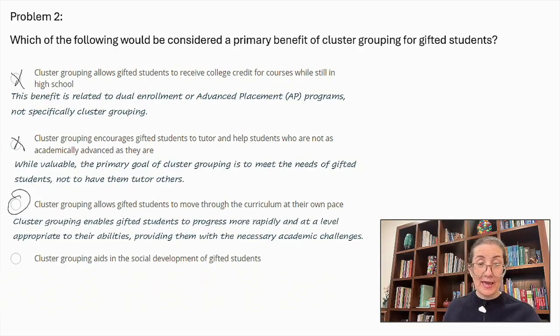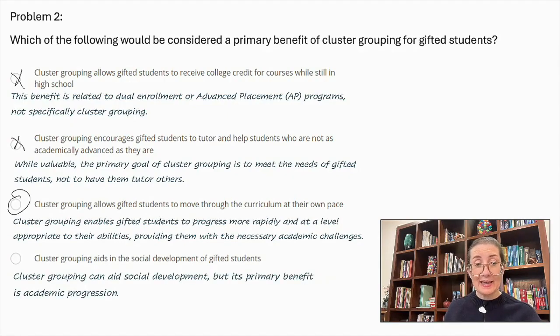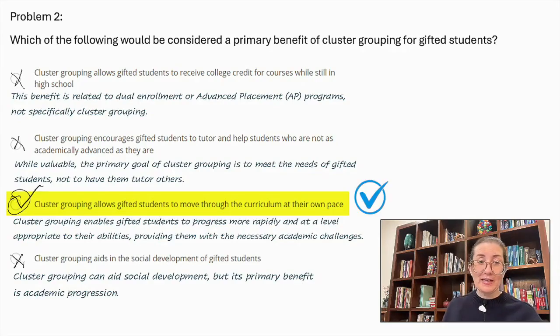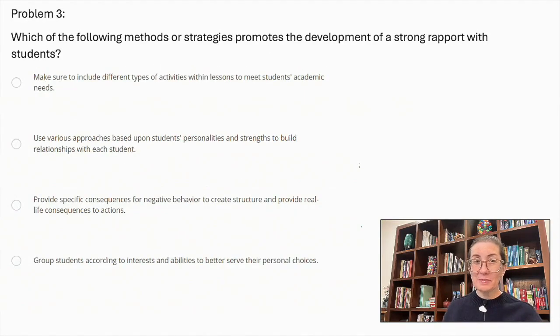Cluster grouping aids in the social development of gifted students. Cluster grouping can aid social development, but its primary benefit is academic progression. So that isn't correct, and cluster grouping allows gifted students to move through the curriculum at their own pace is the correct answer here.